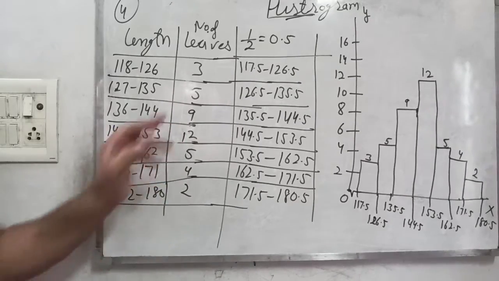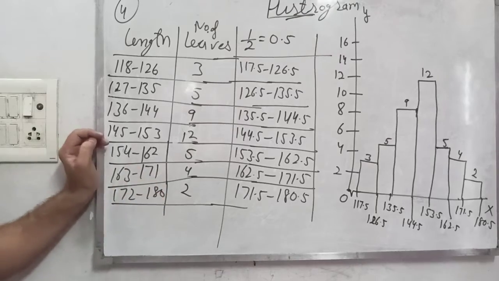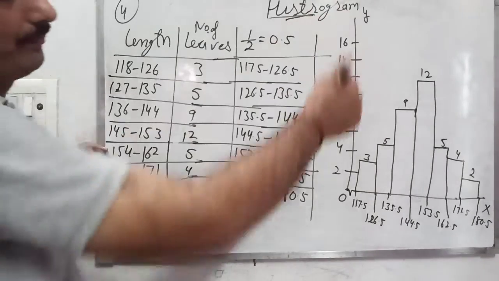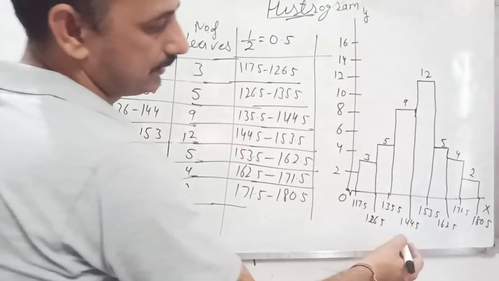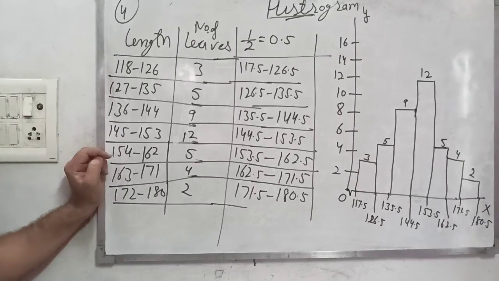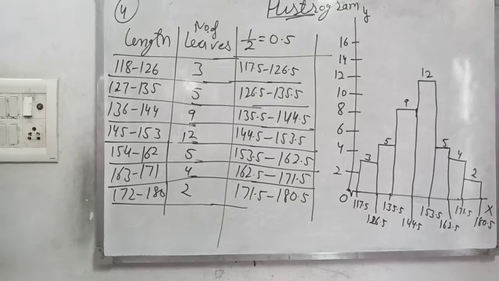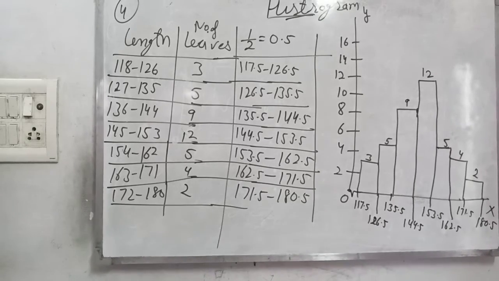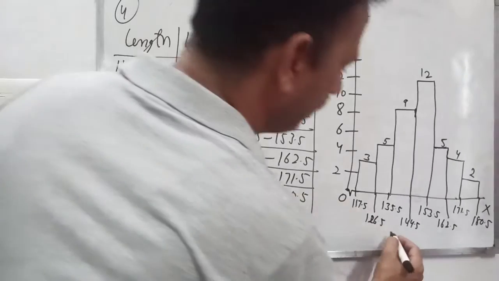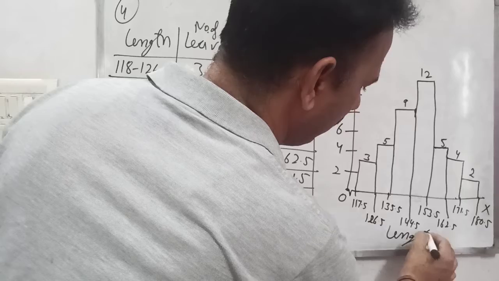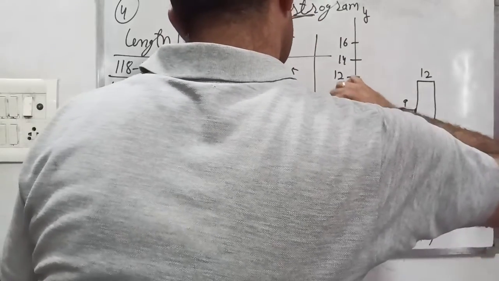Now we represent the data on a histogram. For the x-axis we make the intervals, that is the length, and on the y-axis the frequency, that is the number of leaves.